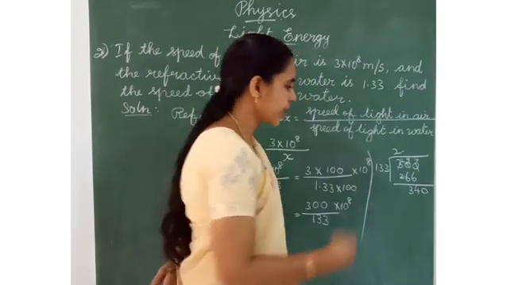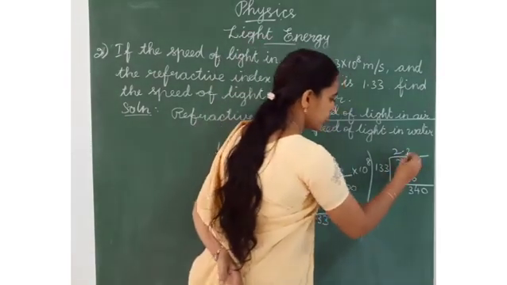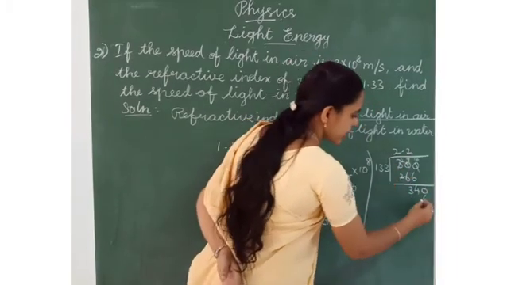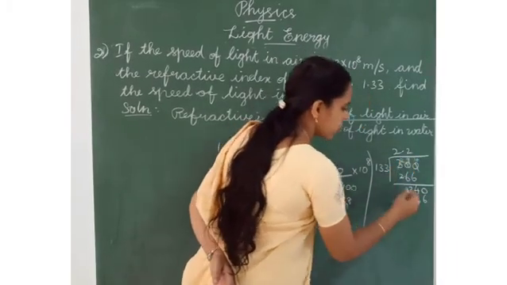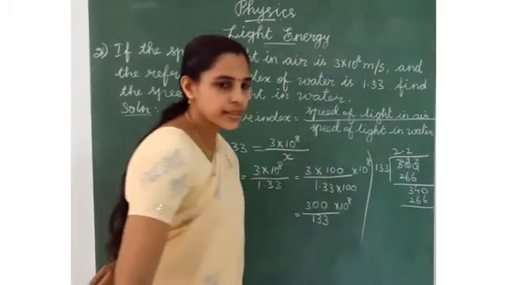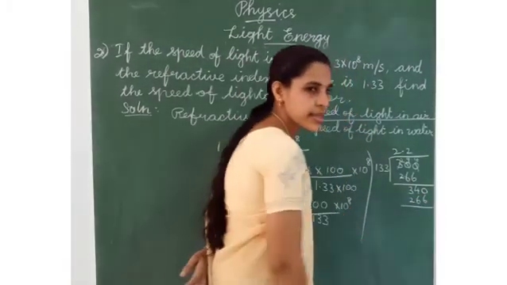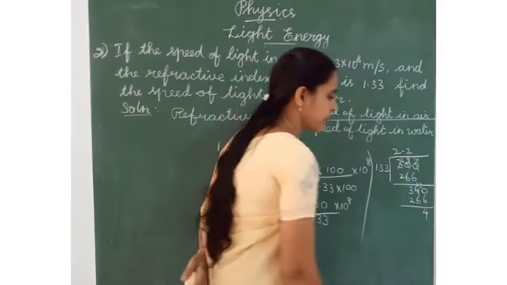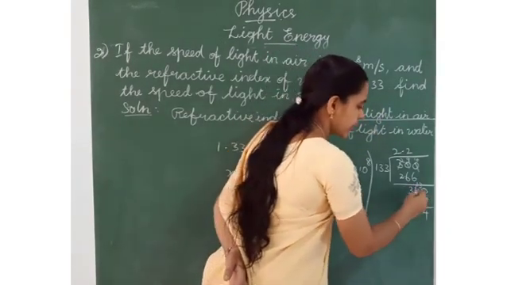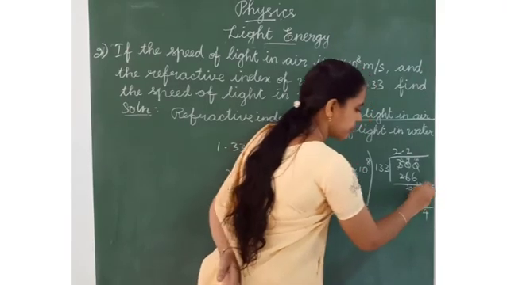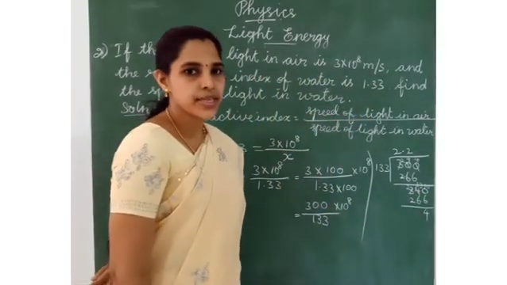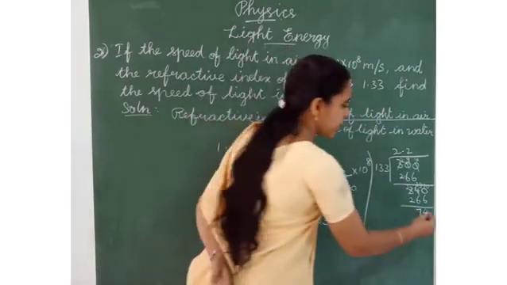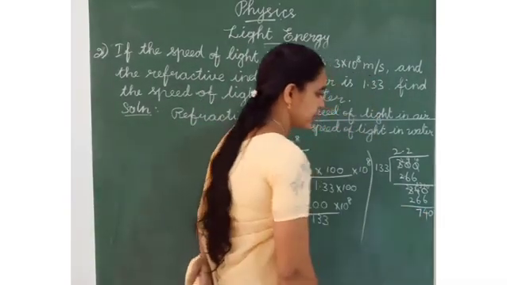Then again we have to multiply with 2. 2 3s are 6. 2 1 is 2. Subtract the numbers. 10 minus 6, 4. Here 3 will be here, so 13. Here 2, here 10. 13 minus 6, 7. Again we have to add 0.